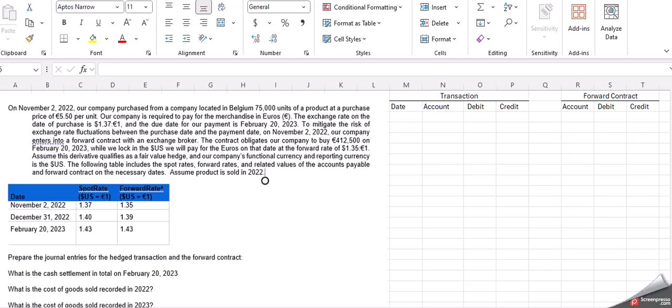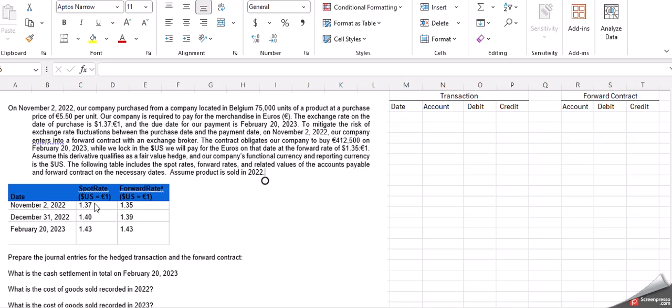The exchange rate on the date of the purchase, as you see down here in the table as well, is $1.37. So it takes $1.37 to buy €1. The due date is February 23rd of the next year. To mitigate the risk of any interest or currency fluctuations, they enter into a forward contract with an exchange broker.